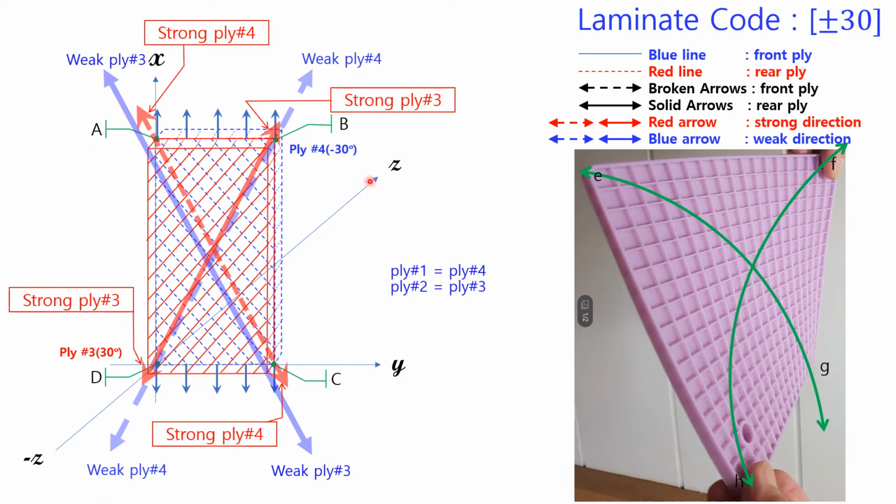Here we have an idea. The front ply of this laminate is exactly the same as the rear ply of previous laminate, and the rear ply of this laminate is exactly the same as the front ply of previous laminate. In other words, this laminate code is plus minus 30. On the other hand, previous laminate code is minus plus 30.